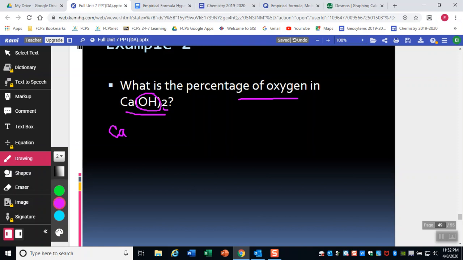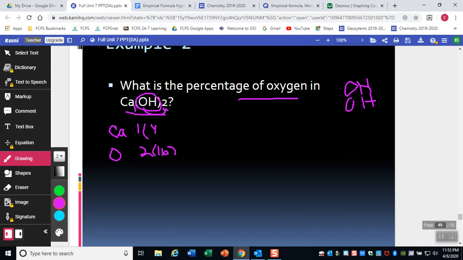That's what this means, two hydroxides. So if I have two hydroxides, that means I have two oxygens, 1, 2, right? So this 2 gets distributed here. So I have two oxygens, and I know each one is 16 grams. Calcium, I just have one, all right?